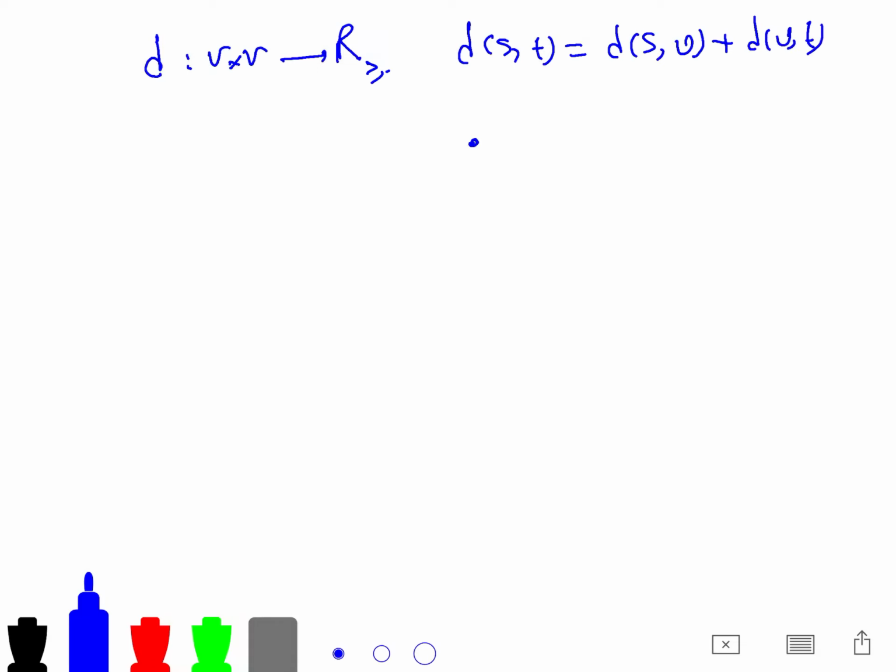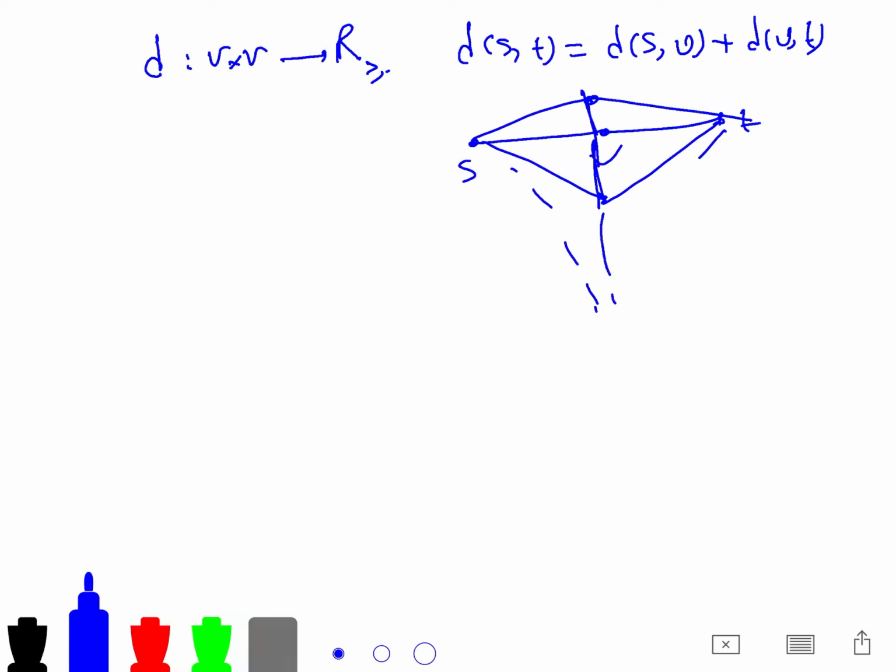So it's like S, V, T. So it can be an infinite graph. So it's like S and T play like the diameter. D of ST is like the diameter of your graph, and there is a lemma that says that.